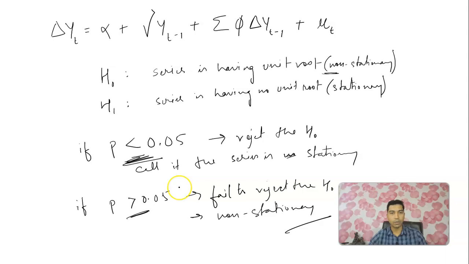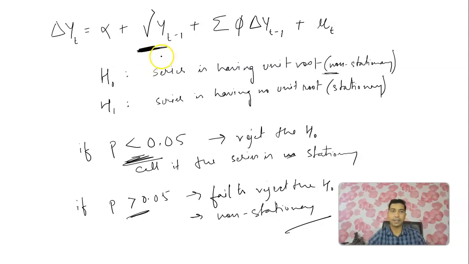So this is what we are going to test. We will use Excel and perform this test. Of course, I'll also show you in the next video how to use software like eViews to perform the test, but today we'll very simply use Excel. Now remember, this test is totally dependent on this coefficient. We are building a confidence interval about this coefficient, which is gamma, and from gamma only we identify whether a series is stationary or non-stationary.